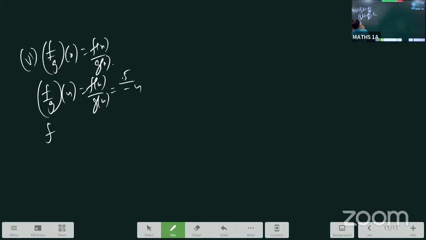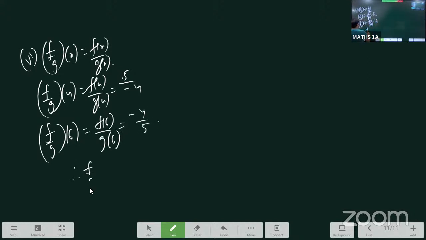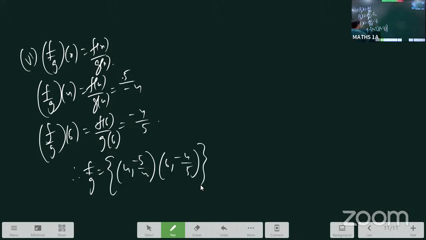And f by g of 6, what is that? It is f of 6 by g of 6, minus 4 by 5. Therefore, your f by g ordered pairs: for 4, I got minus 5 by 4, and for 6, I got minus 4 by 5. Is it clear? So, this is how you are going to do.